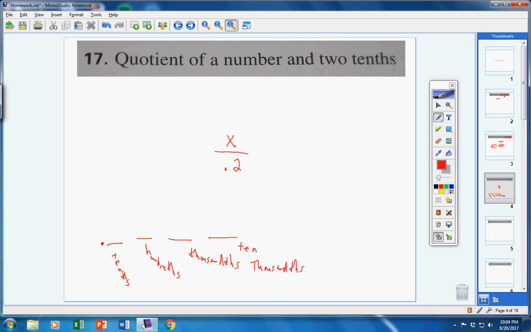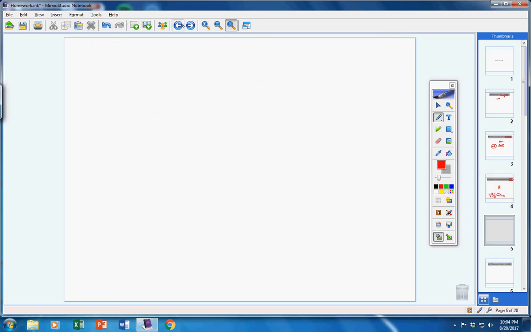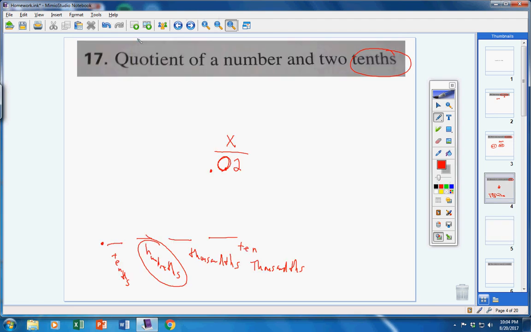So 2/10 means 1 decimal place past the decimal, so 0.2. Okay? If it would have said 200ths, then it would have been 0.02. 2 decimal places. Second decimal place is hundredths. Okay? And so, anyways, we're dividing a number and 2/10, 0.2.